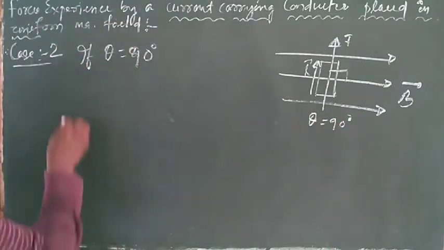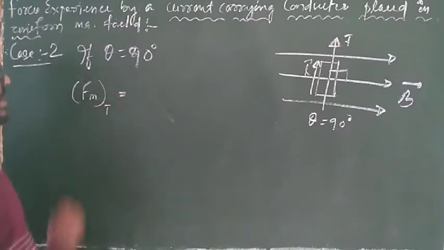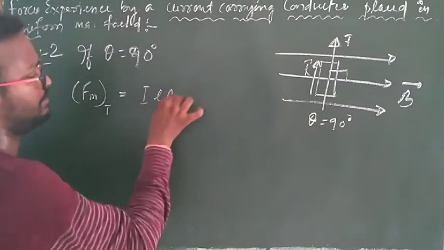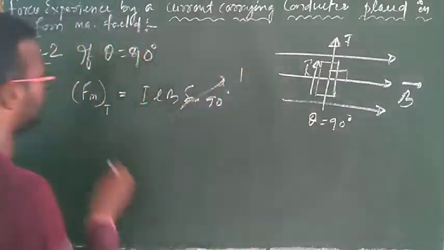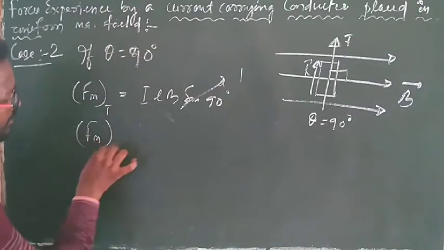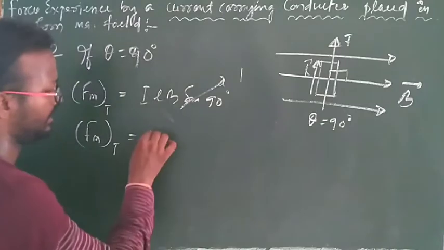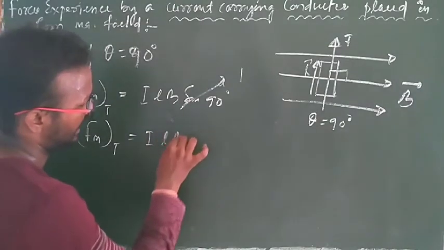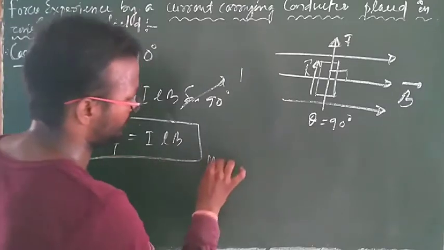So the total force experienced by this conductor, Fm total, is equal to ILB sin 90. The value of sin 90 is equal to 1. So the total magnetic force experienced by the conductor perpendicular to the direction of the magnetic field will be ILB, and this is the maximum force.